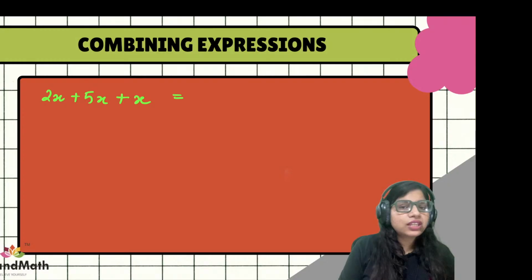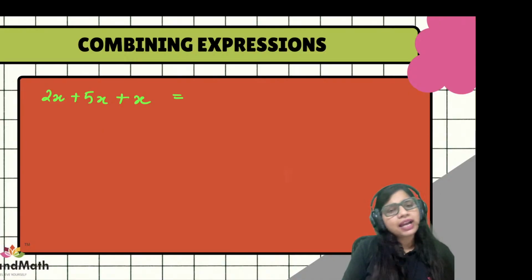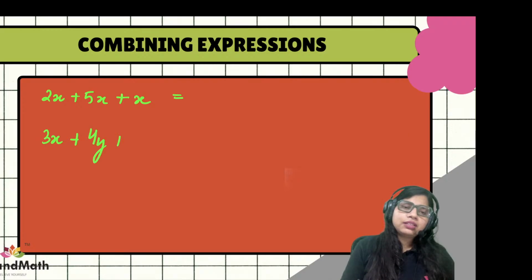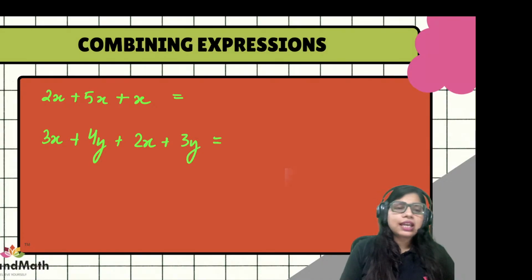So you have to tell me the type of expression. Combine the expression and tell what type of expression it makes. If I say 3x plus 4y plus 2x plus 3y, combine them and tell the type of expression.